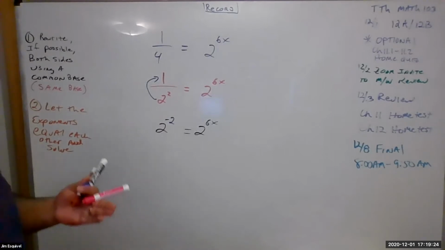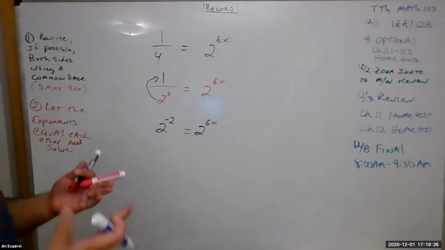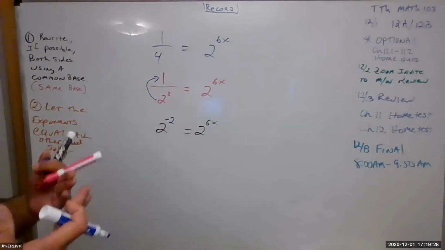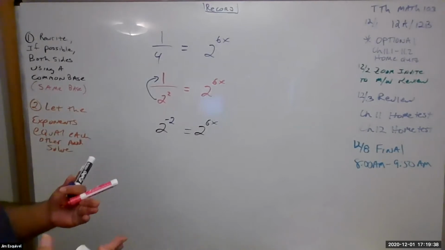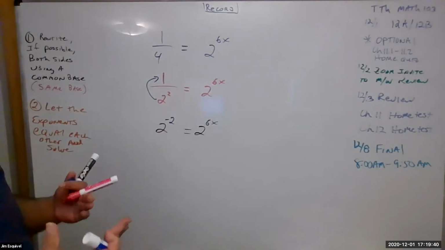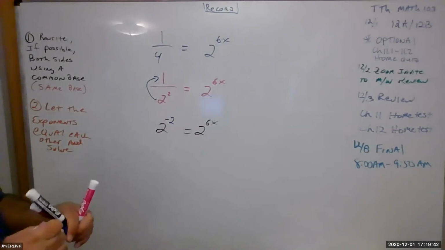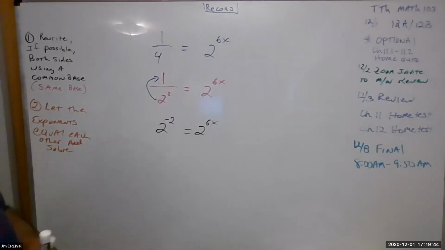See, that's why if you don't understand the properties of the exponents that we did in chapter 10 and know how to manipulate positive and negative exponents, if you didn't actually do that, you're going to be kind of lost with what we're doing here. Because this is part of the work you have to show.